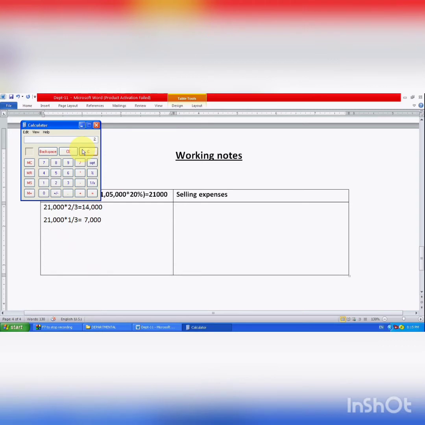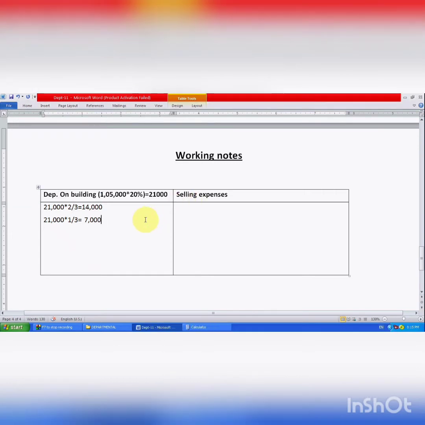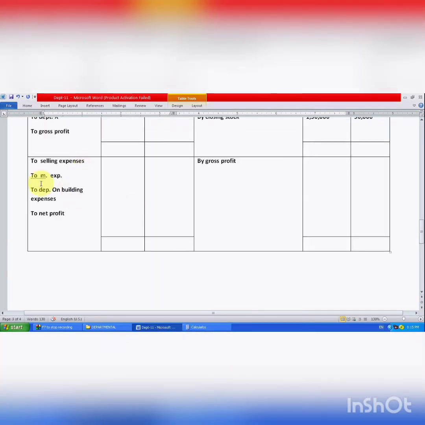So depreciation on building is 14,000 for X and 7,000 for Y.